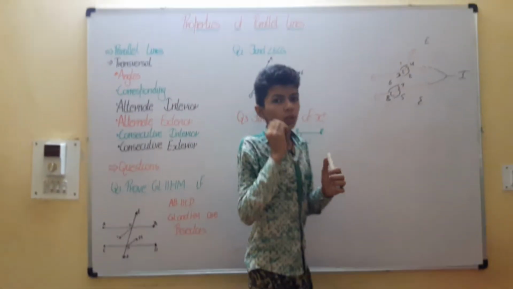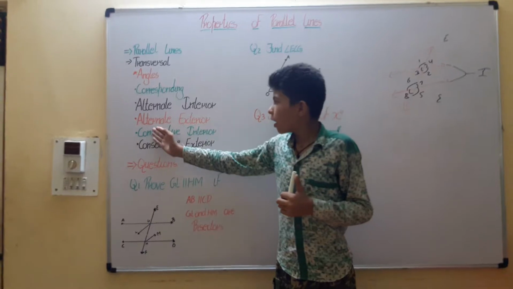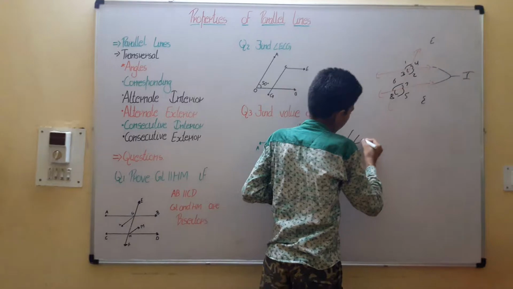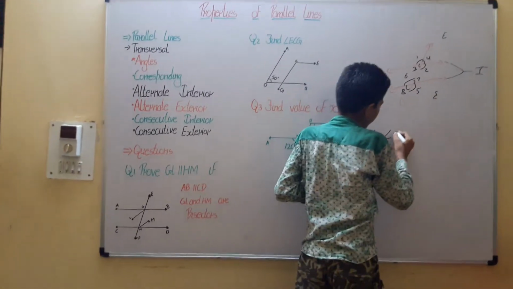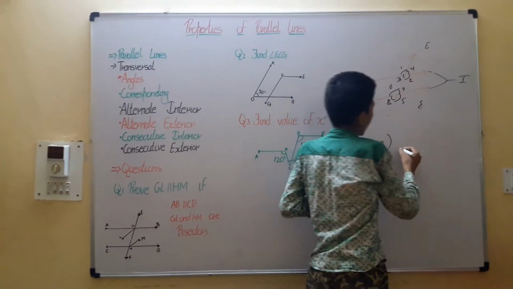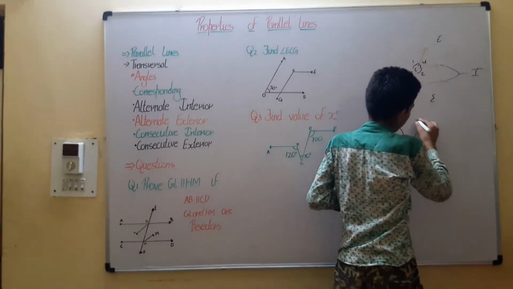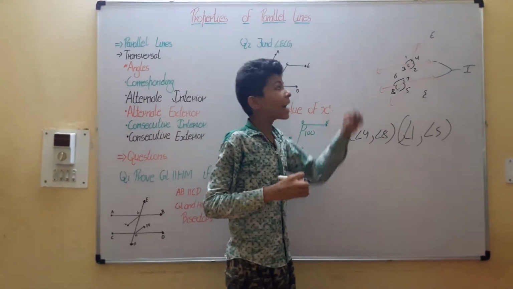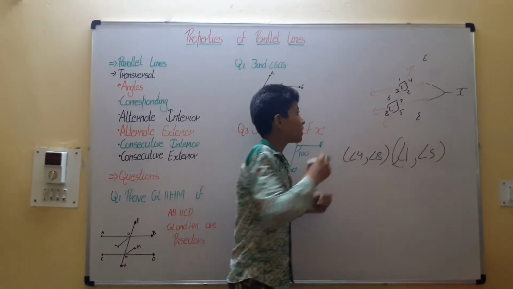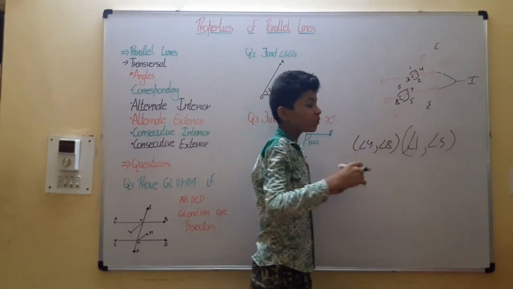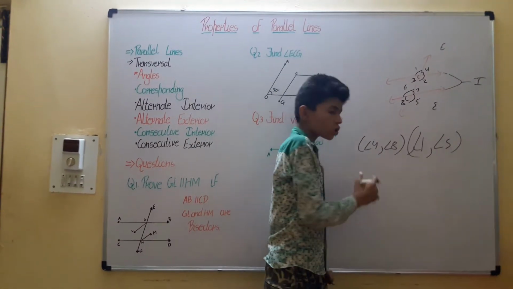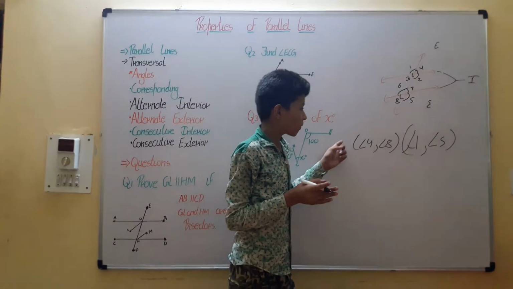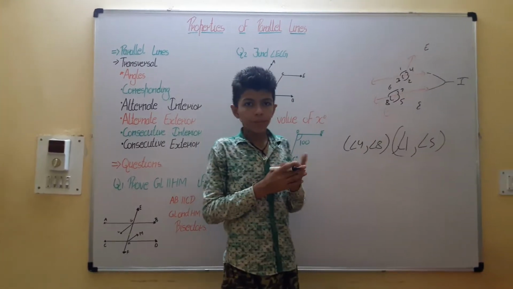The sets of alternate exterior angles are angle 4 and angle 8, angle 1 and angle 5, which lie external, not between the two parallel lines but outside, and these sets are also equal to each other.